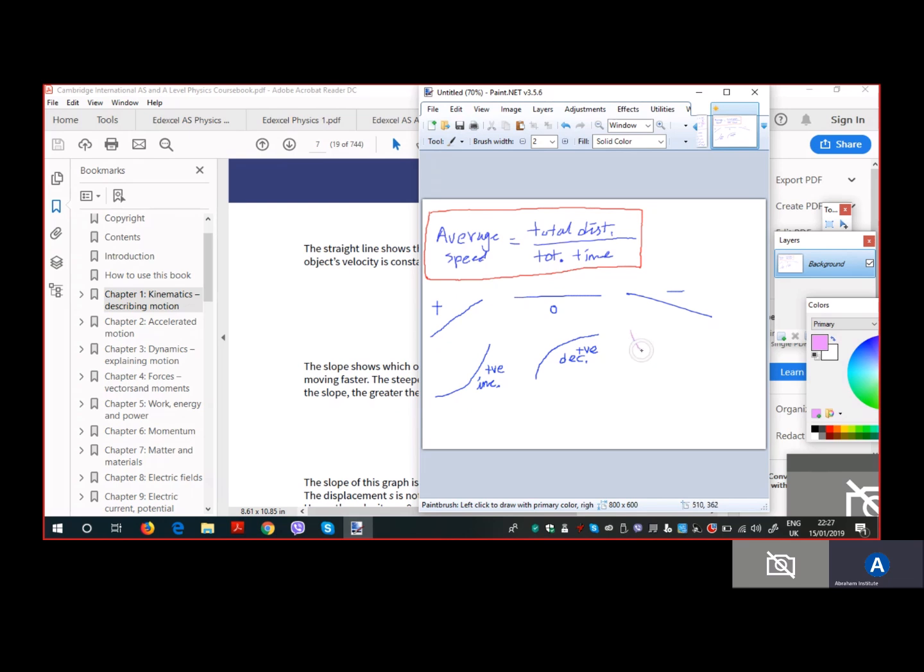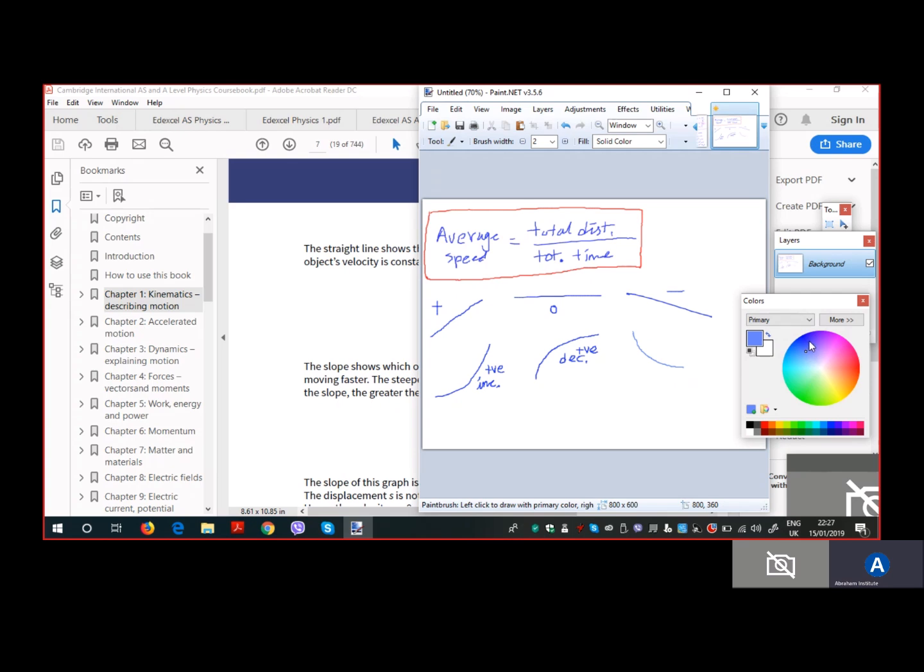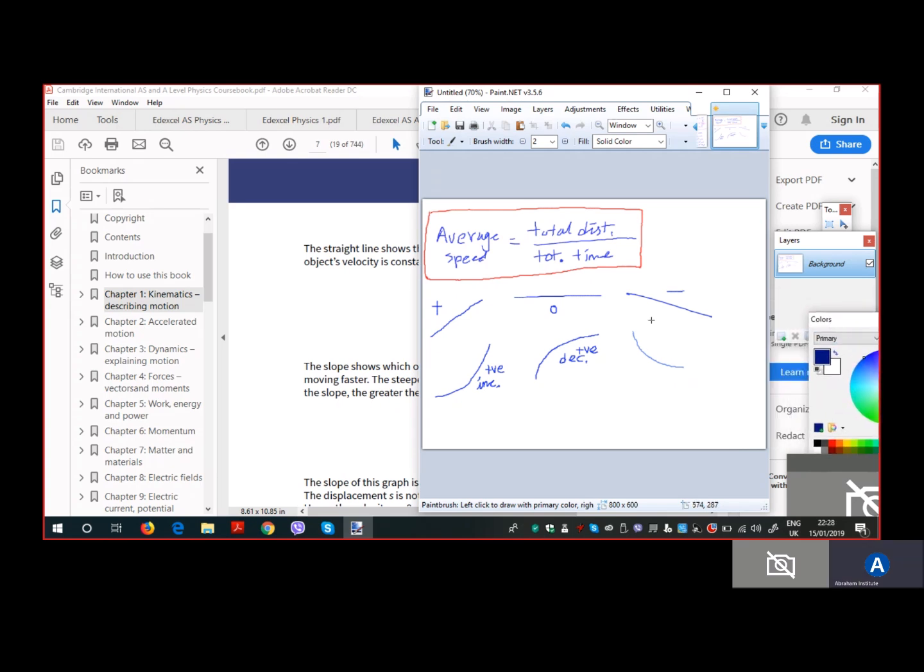Okay, so I will show it to you. If it was something like this, then it is negative. The gradient is negative and decreasing. Yeah, sir. So here it's negative and also it is decreasing.